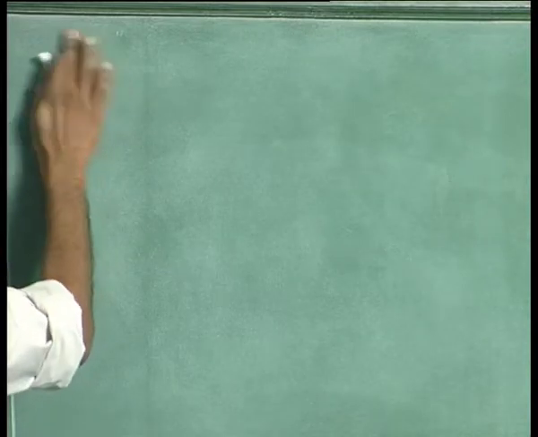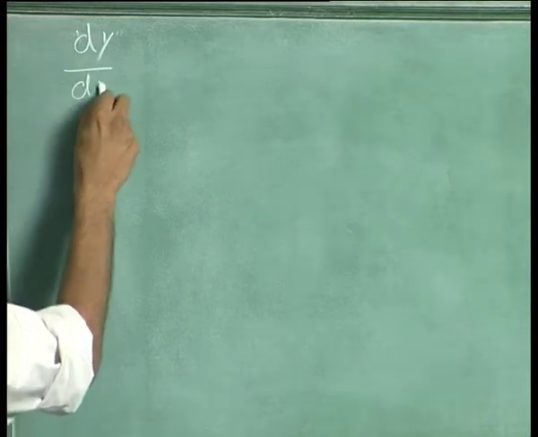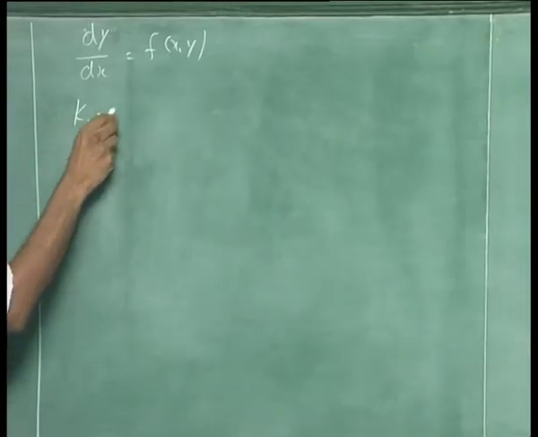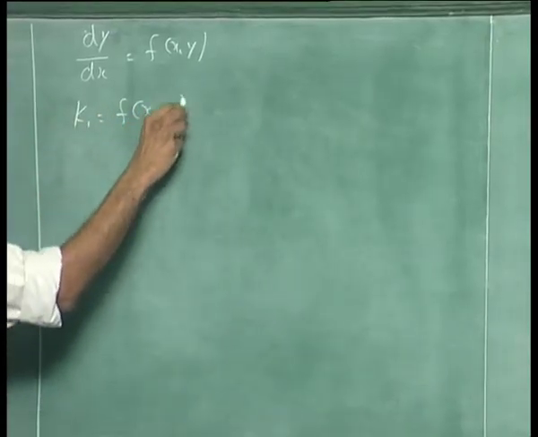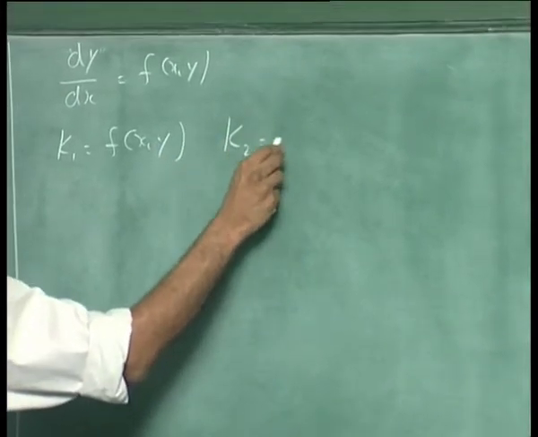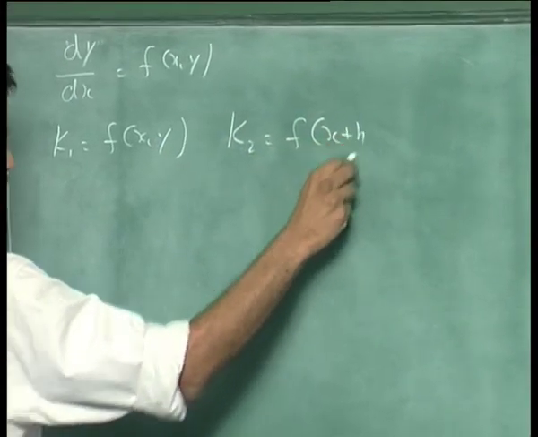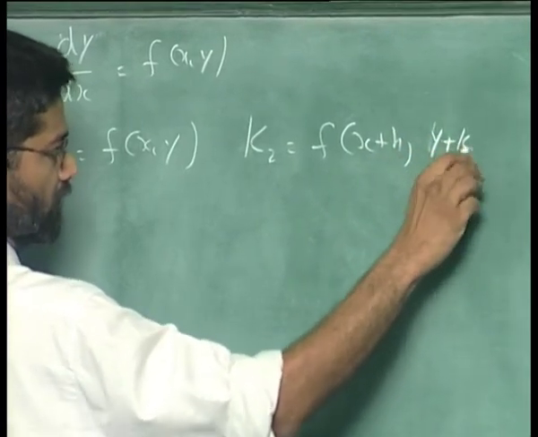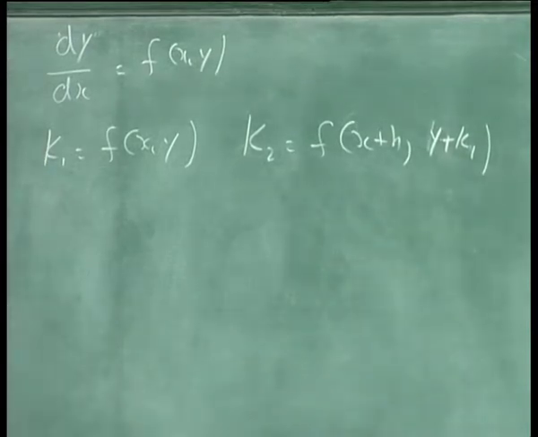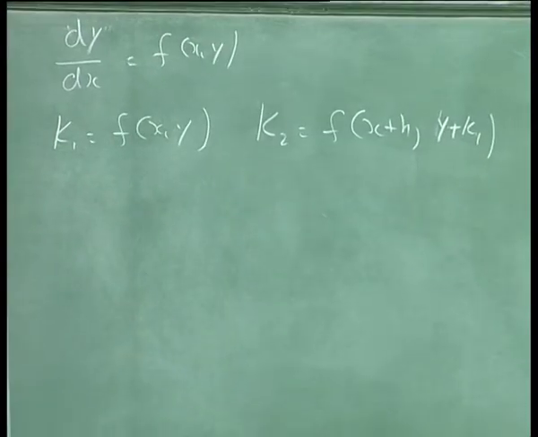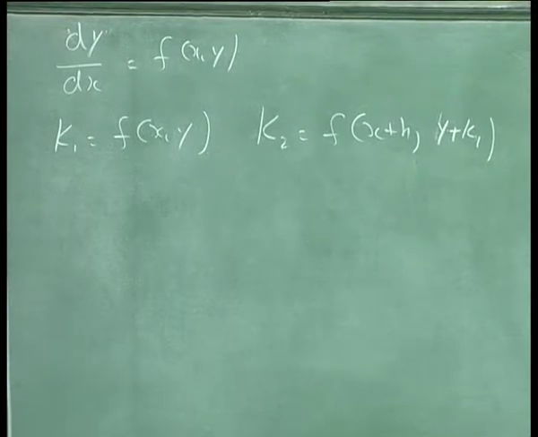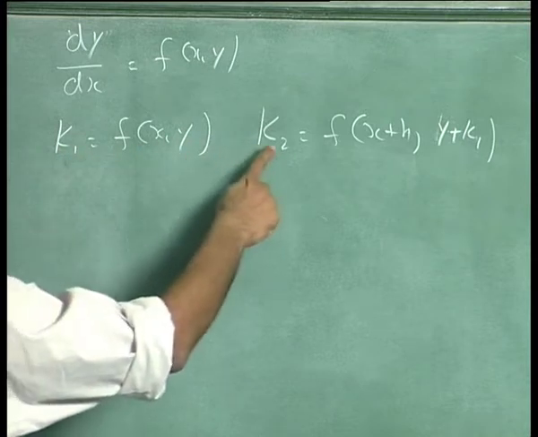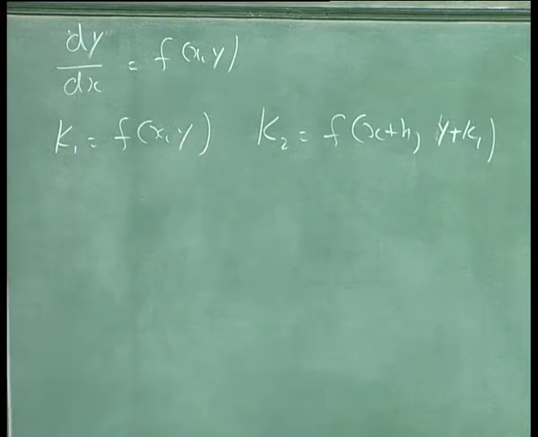When we write dy by dx as f of x comma y, our k1 was f of x comma y and k2 was f at x plus h and y plus k1. That's what we had written as k2. Now we do exactly the same, but there are two such equations. So we have to write ky1 and ky2 and kz1 and kz2. That's all we have to do here.